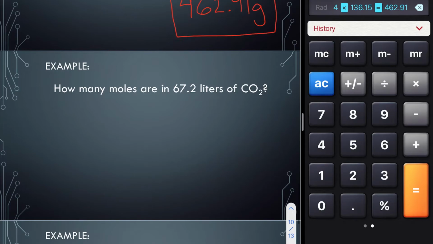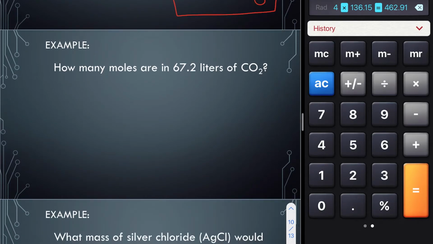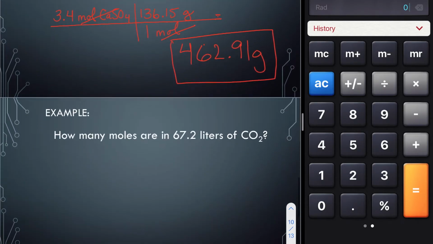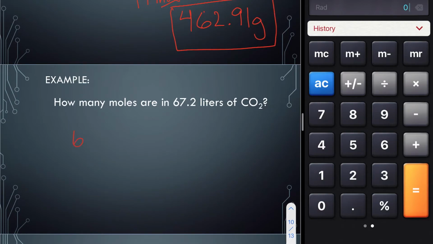Here's another example. How many moles are in 67.2 liters of CO2? This conversion factor is found right here. For every 1 mole, that's equal to 22.4 liters. So 67.2 liters, and I know that for every 1 mole, that's equal to 22.4 liters.